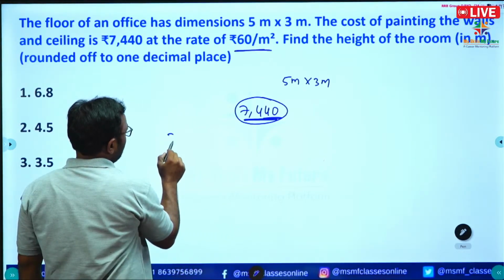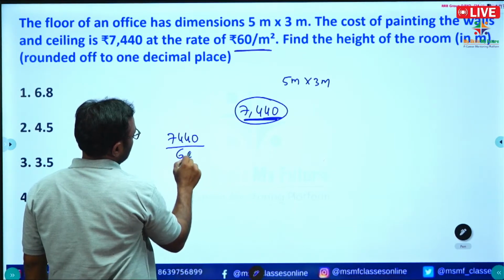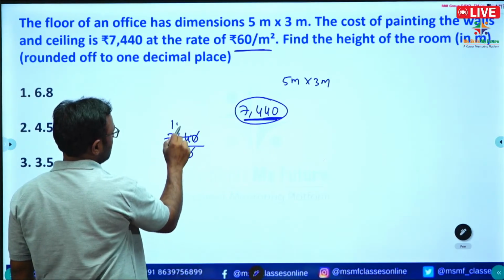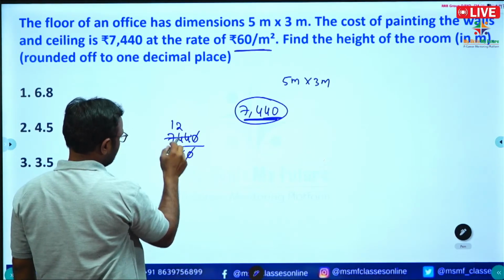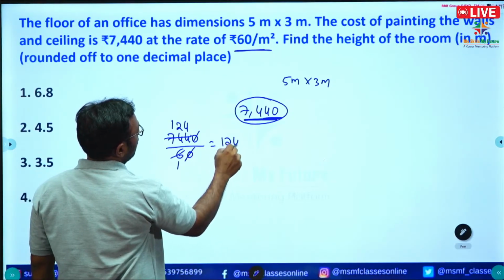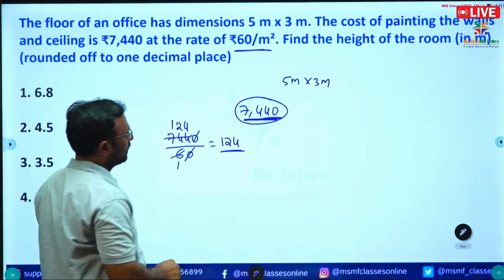So just divide the total cost by the per meter cost. So we get 0 0 cancel, 6 ones are 6, 6 twos are 12, and here 24 is 6 fours are 24. So 124 meter square is there.